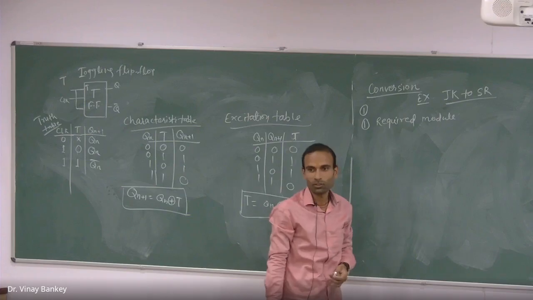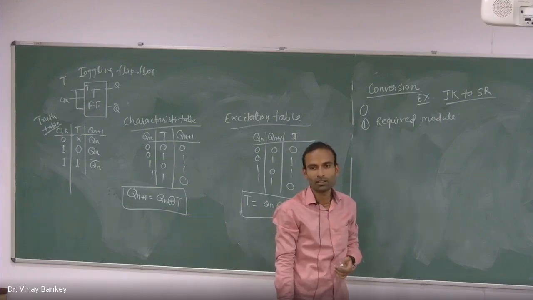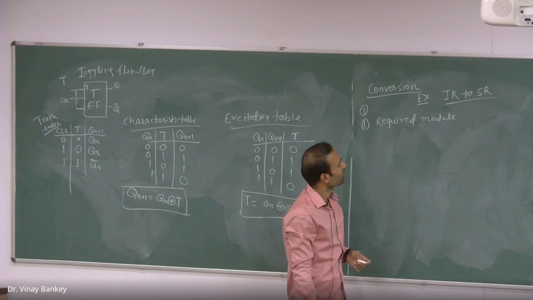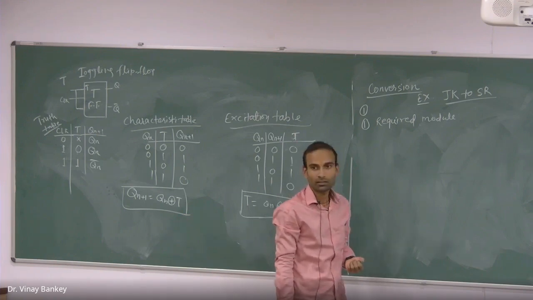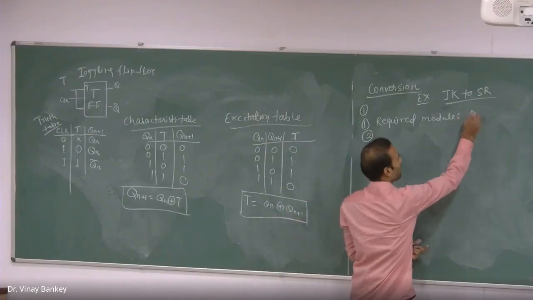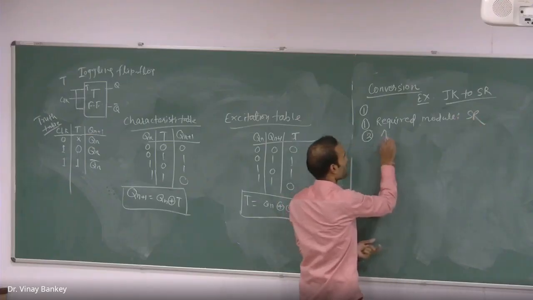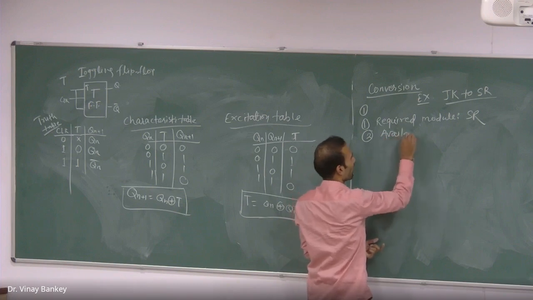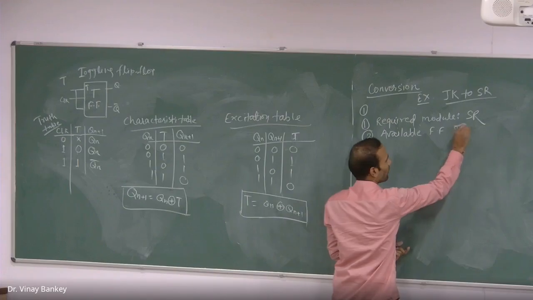JK. No, that is wrong. It's the required one, we need SR. Actually it will be SR. And what is the available flip-flop? JK. Okay, correct. That is JK.